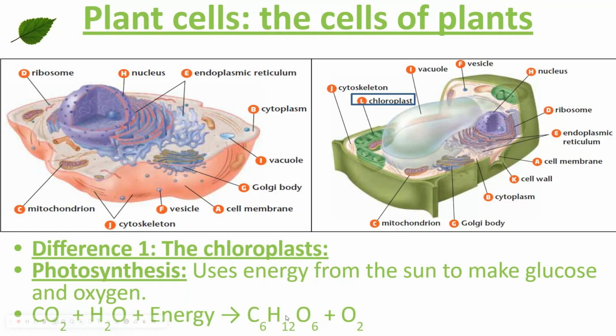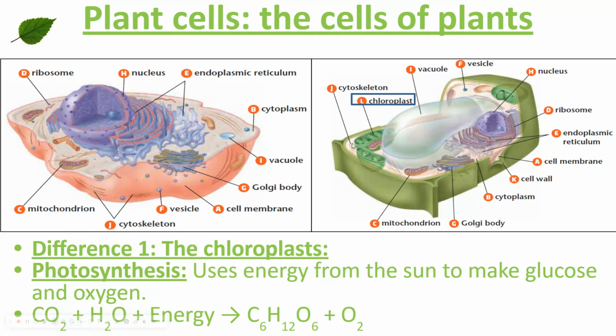And now there's stored energy in here that if you eat a plant or something that ate the plant, you could take it, send it to your mitochondria, break it open, and release the energy that was stored in there. So it's almost like the plant packages the sugars up for other things, including itself, to use. And also you'll notice that it makes oxygen, the oxygen that we all breathe in as animals. So that's what the chloroplast is for.